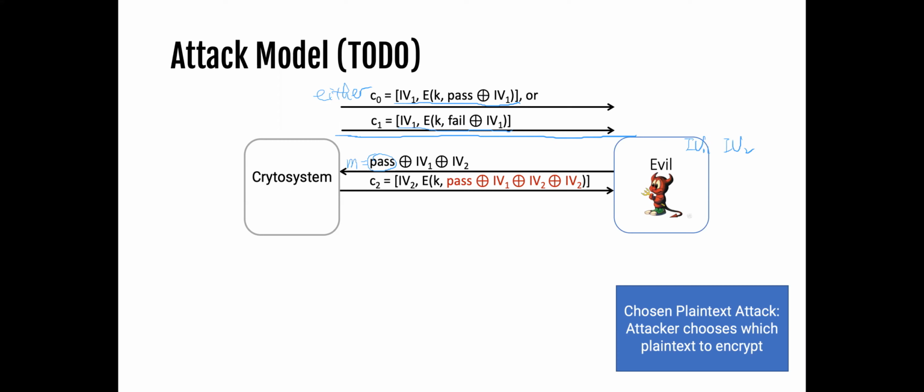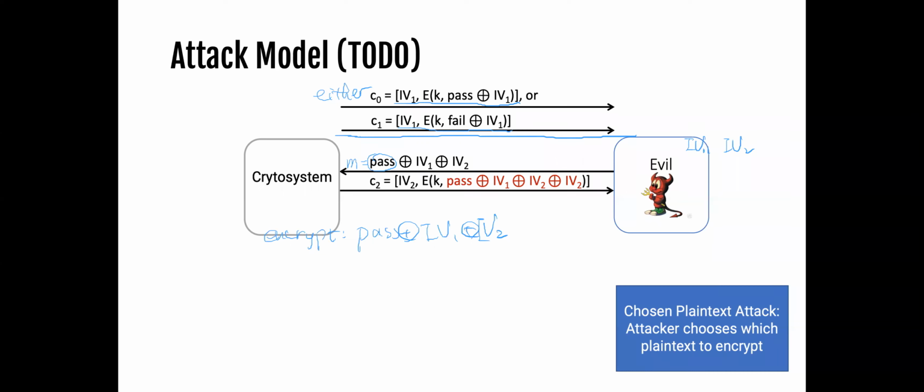If the crypto system receives this as the plain text, then according to how the CBC works, the crypto system is going to encrypt this message.